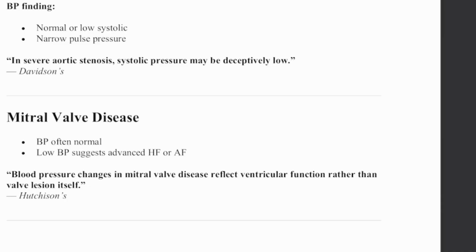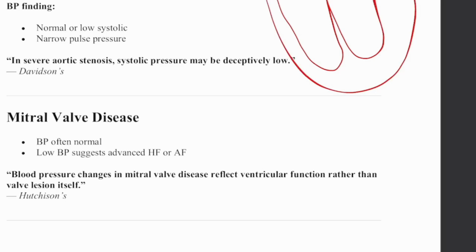Then we look into what happens in aortic stenosis. In aortic stenosis, the stroke volume is low. So again, take the heart. The aortic valve is narrow, so the ventricle has to force the blood into the aorta, and the stroke volume is less.